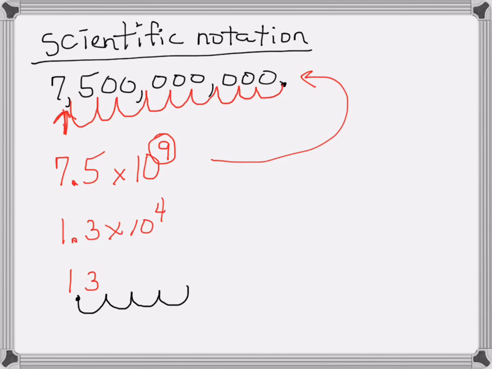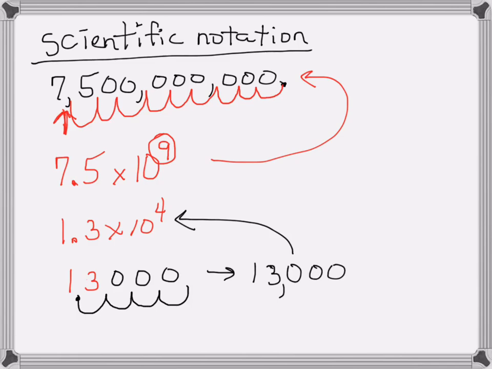Let me put zeros in, and that would be the number in non-scientific notation, 13,000. So 13,000 written in scientific notation is 1.3 times 10 to the 4th.